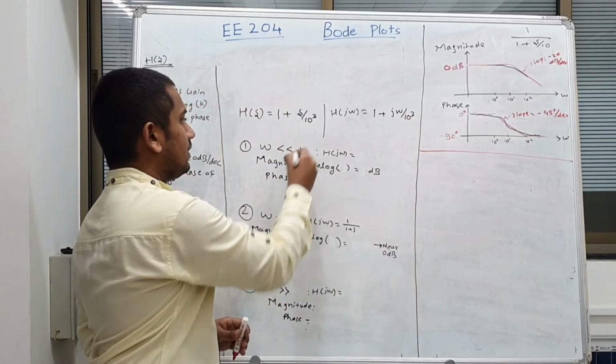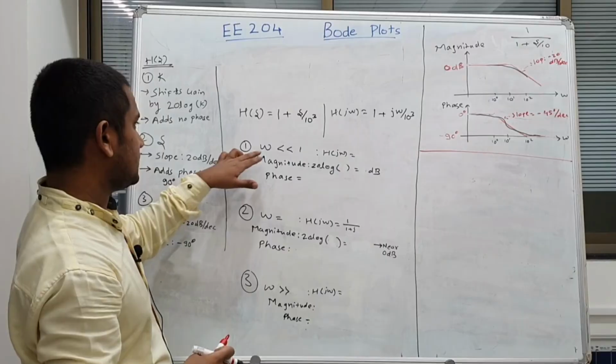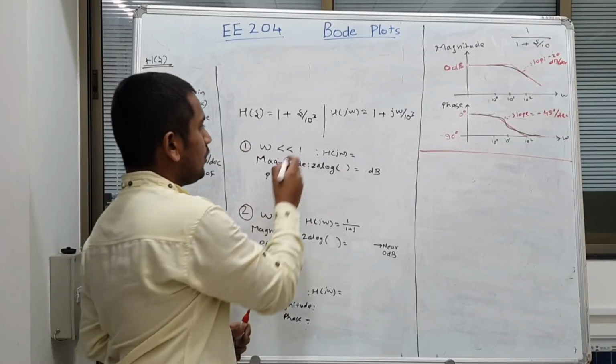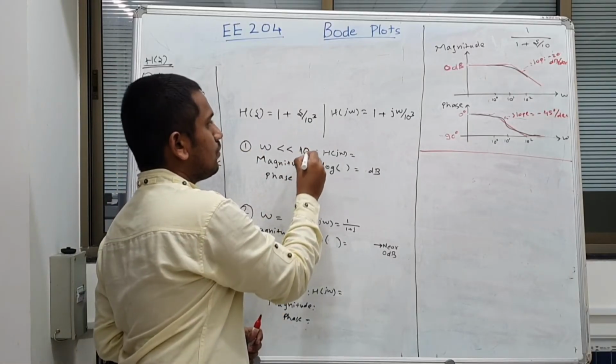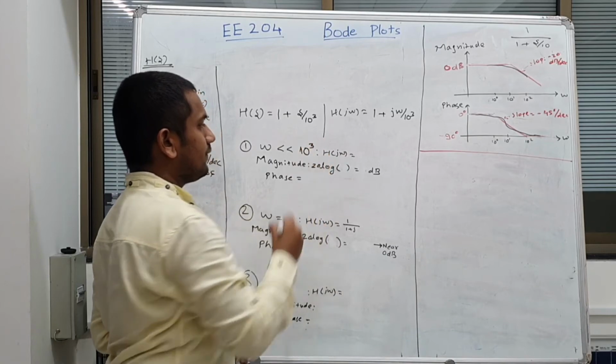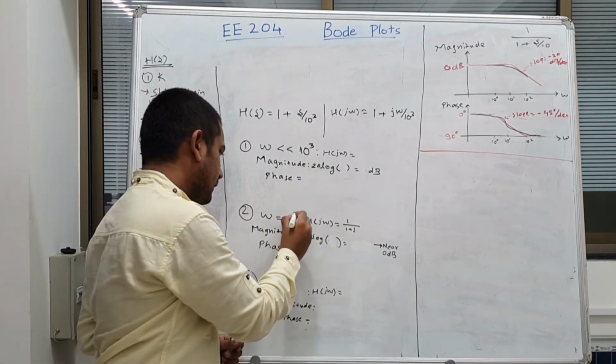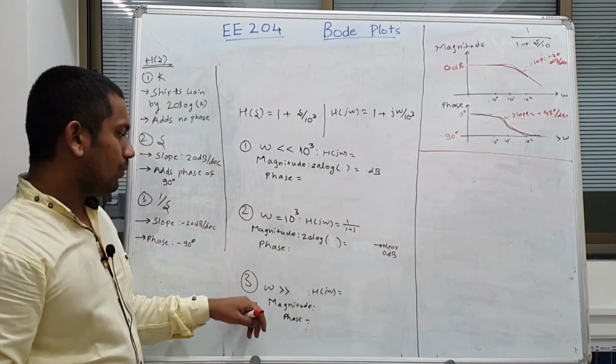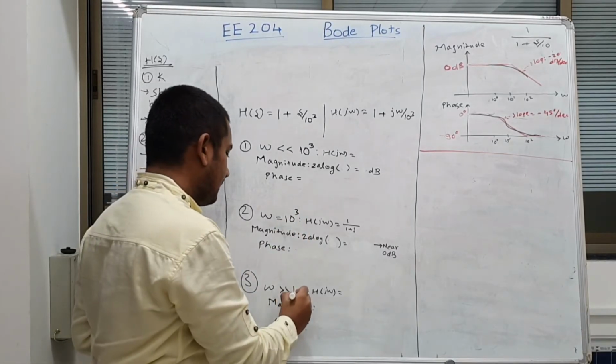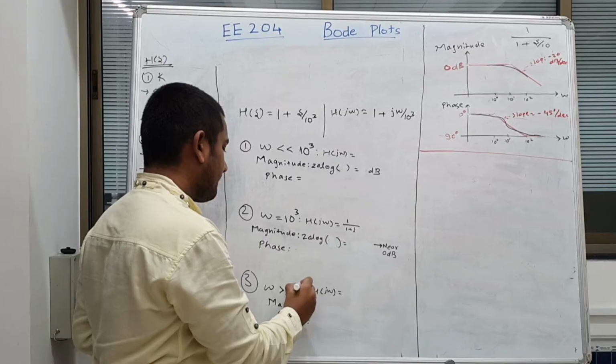Now again we will do three assumptions. One is when ω is much smaller than the zero frequency, when ω is at the zero frequency, and when ω is much higher than the zero frequency.